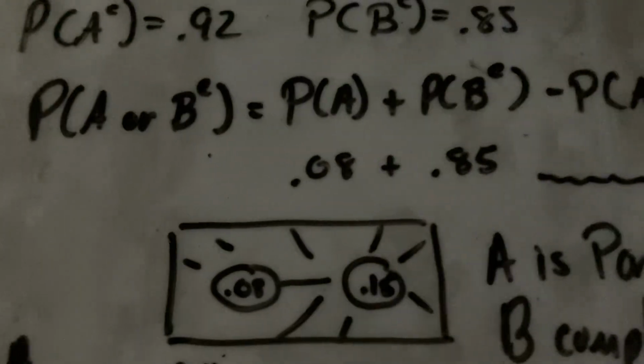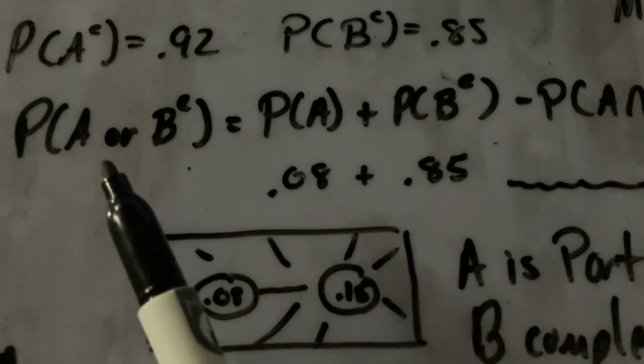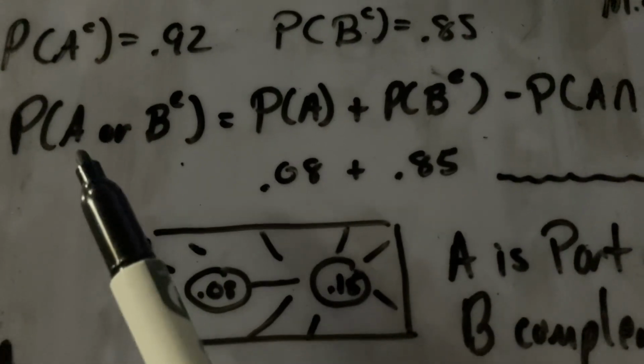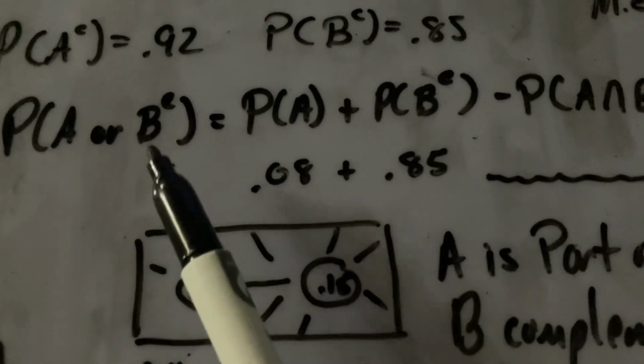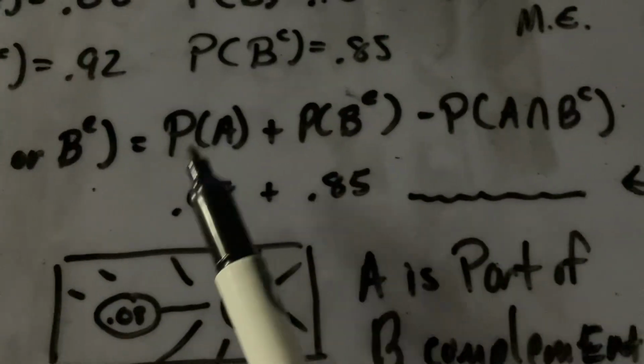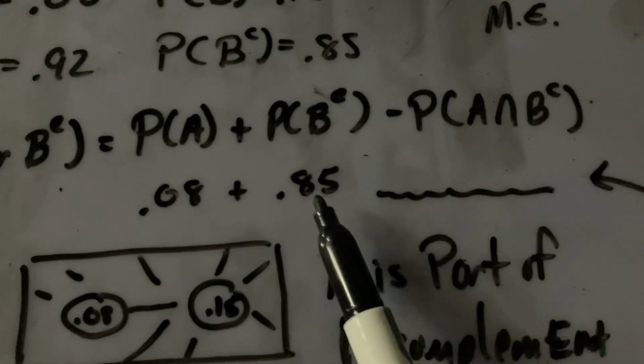So the first thing we have to do is determine the probability that A occurs or B does not occur. So that's the probability of A or the probability of B complement. And following the OR formula, the probability of A is 0.08, the probability of B complement is 0.85.